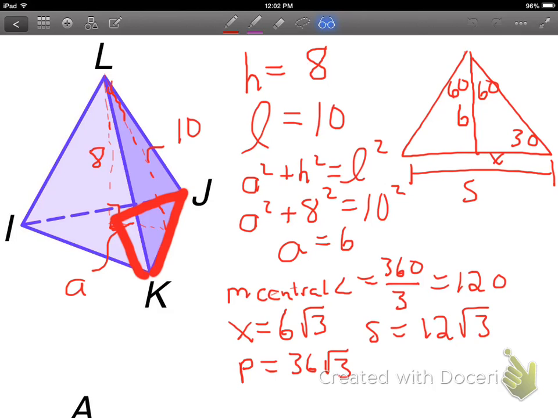Okay, well, we're going to take this information and we're going to finish the problem off, because we're really just about there. Let me get one more piece of information here, and that's the area of the base. Capital B stands for the area of the base. I can use the 1/2 PA formula. The perimeter we just figured out was 36 square root 3, and the apothem was 6.